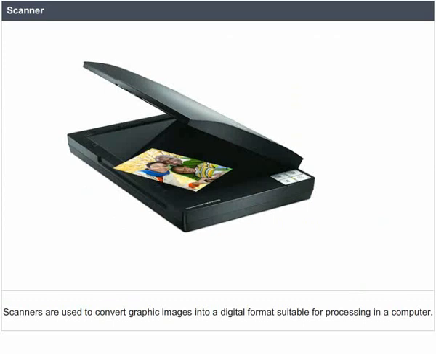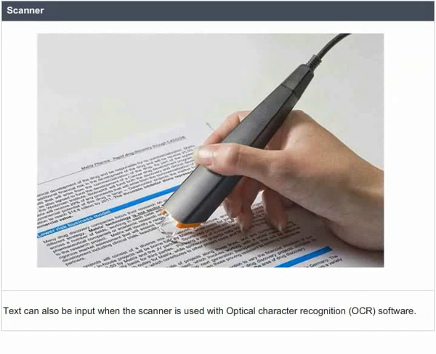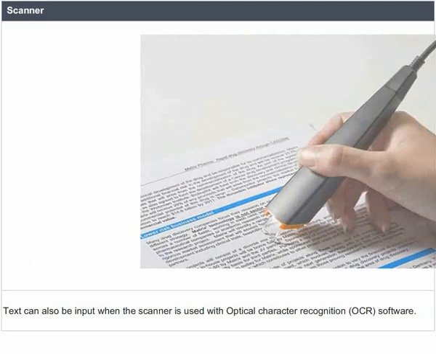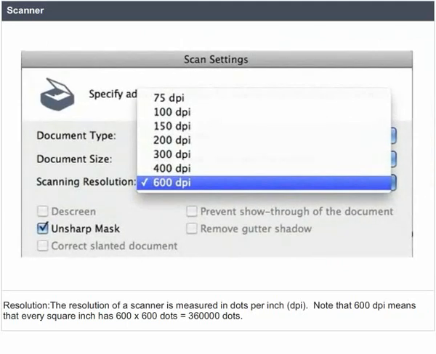Scanner. Scanners are used to convert graphic images into a digital format suitable for processing in a computer. Text can also be input when the scanner is used with optical character recognition software (OCR). Resolution. The resolution of a scanner is measured in dots per inch (dpi).